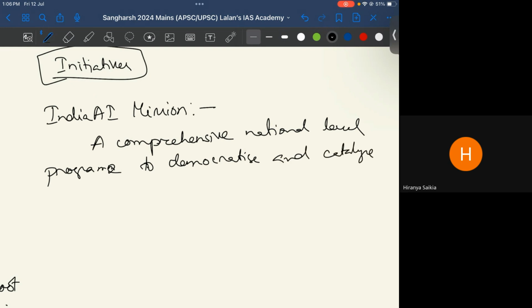It is the mega যেটো theme to catalyze the AI innovation ecosystem.